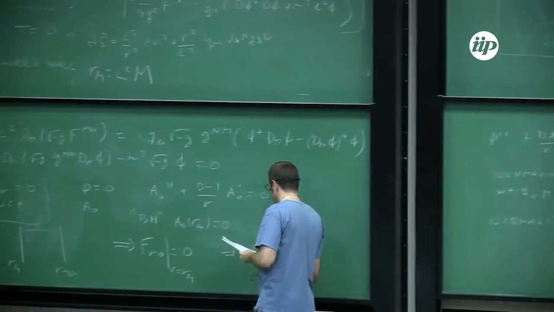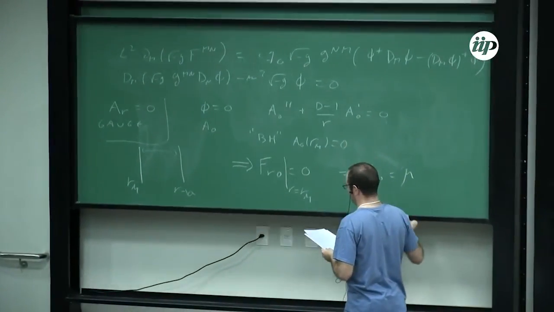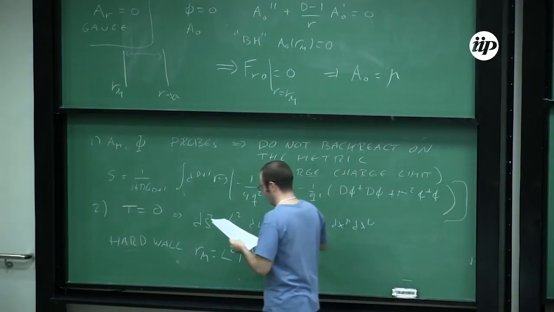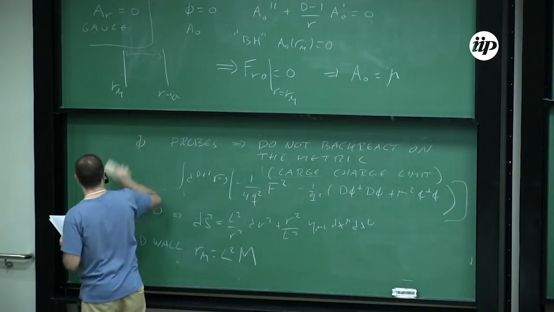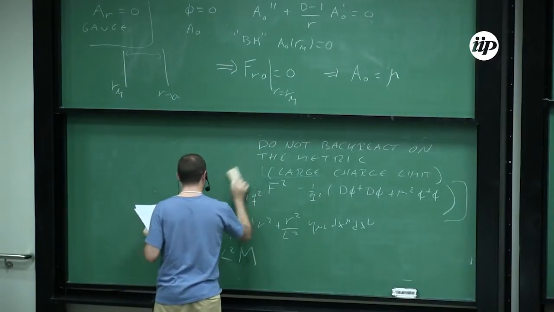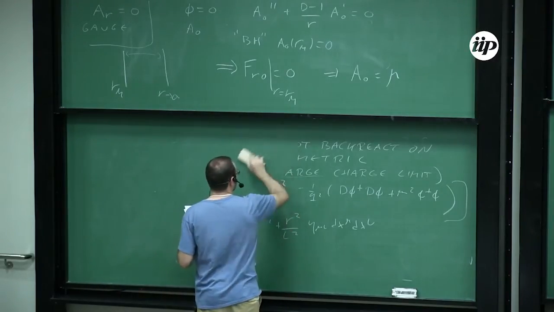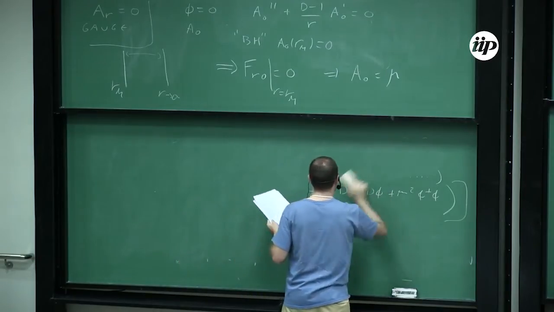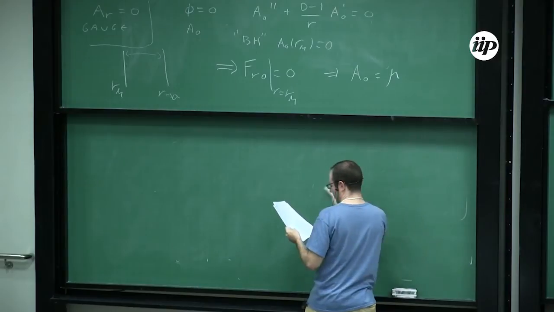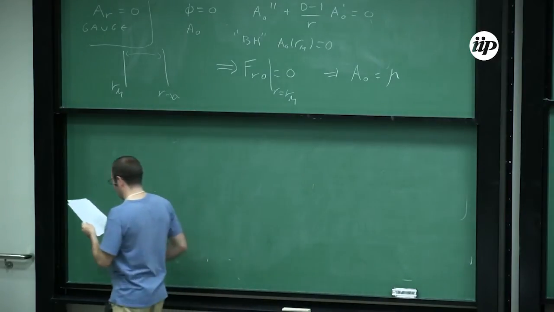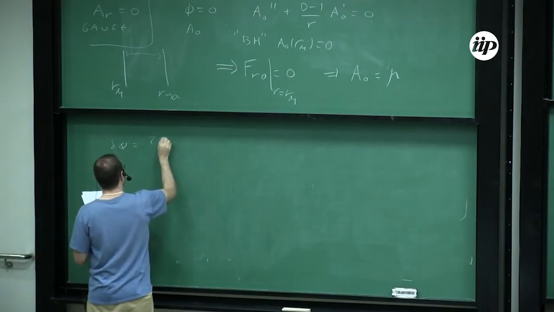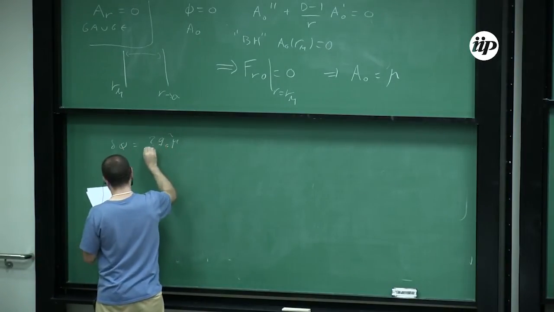I can do it here, I guess. So delta Q is given by an expression like this.